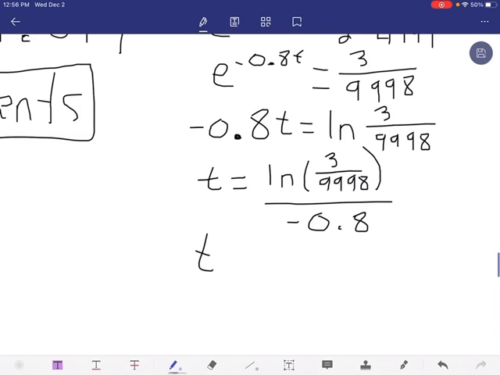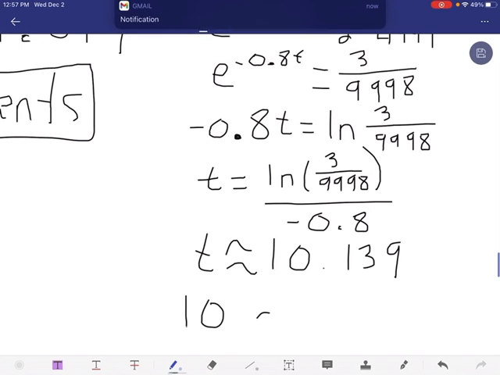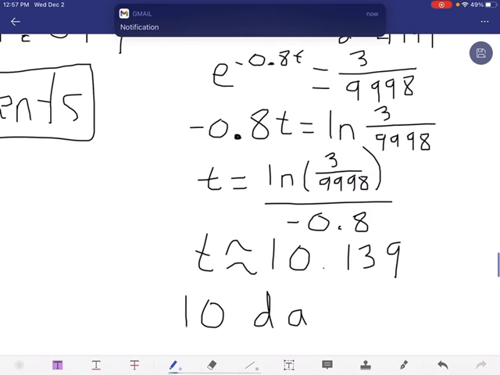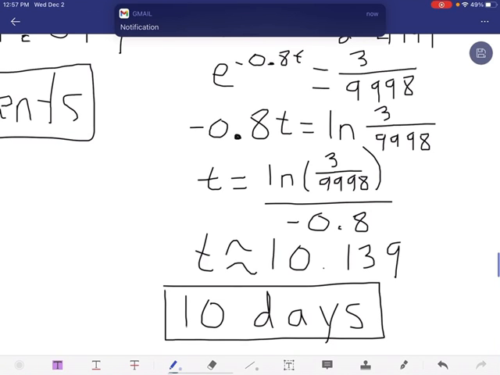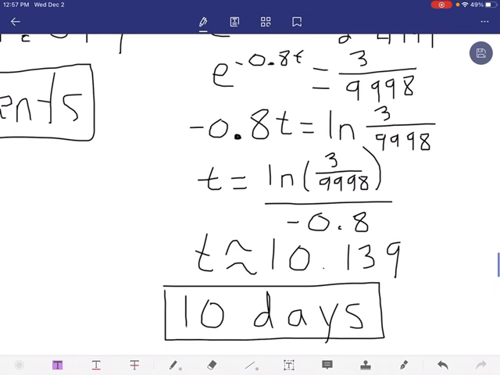So then our last step would be to plug all of that into our calculator. Again, remembering the parentheses around my first fraction. And we get approximately 10.139. Again, we'll round. So we're going to say that this is approximately 10 days.